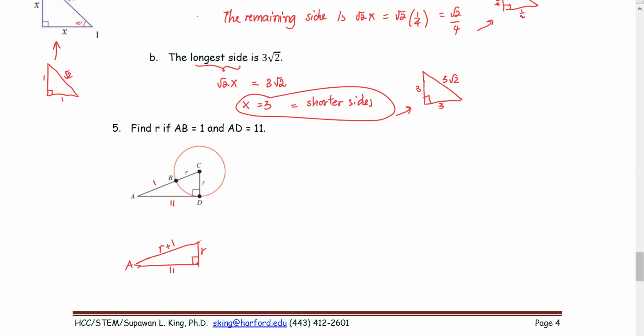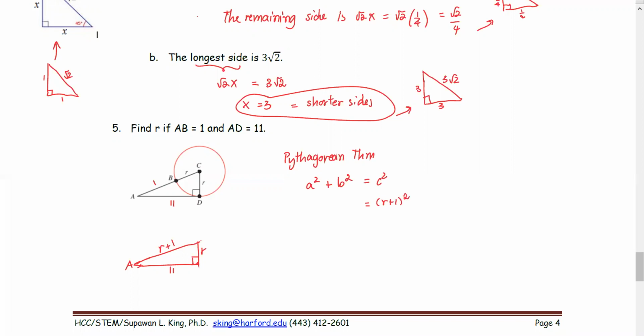Your goal is to find R, so use the Pythagorean theorem. a squared plus b squared equals c squared. c squared is the longest, which is the quantity R plus 1 squared.